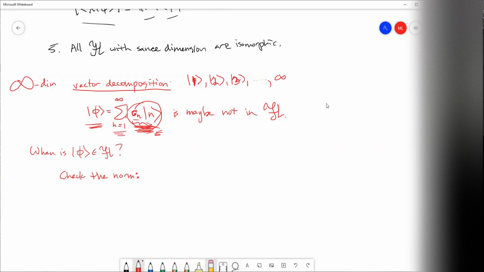And so the formal condition is that for any small number epsilon, I can find a large enough m such that, if I look at phi, and phi m is going to be the vector where we sum over the last elements from m to infinity.